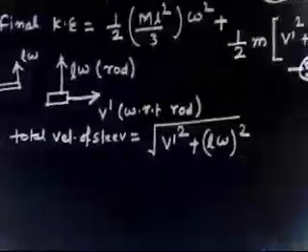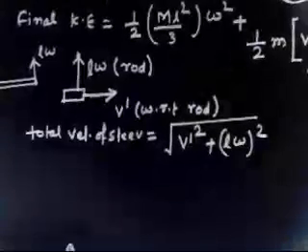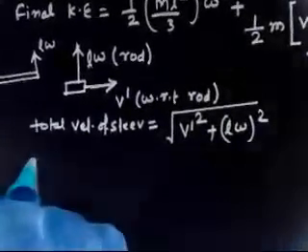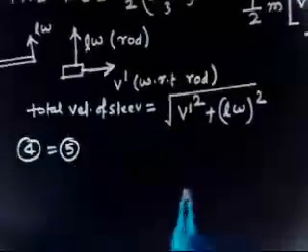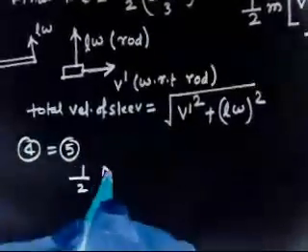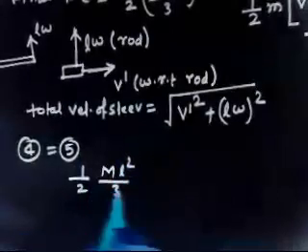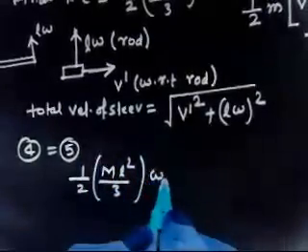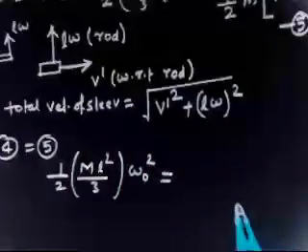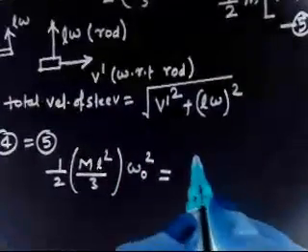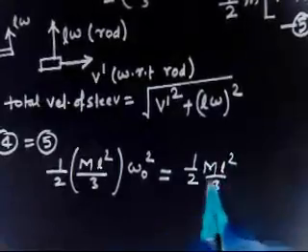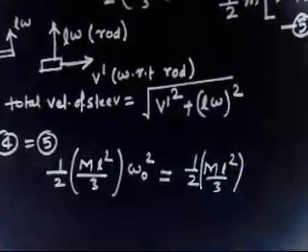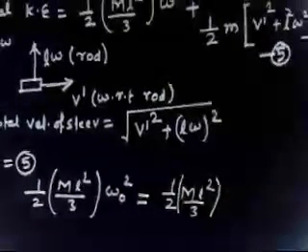So energy conservation I can apply. If I equate 4 and 5, that energy has to be conserved, so I can write half ml square by 3 omega naught whole square is equal to, final is half ml square by 3.